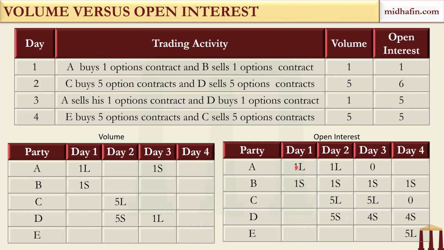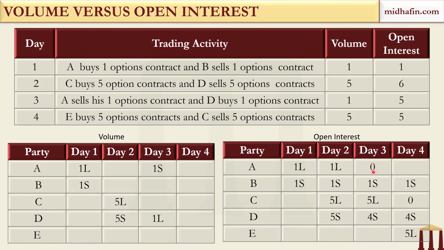Day 3, A has actually offsetted his contract. So A's position has now been closed. Who has offsetted? D. A, which was having one open long position, is now having no position.